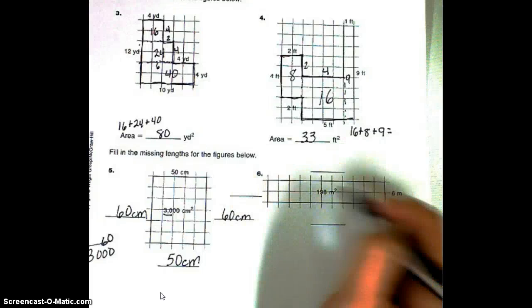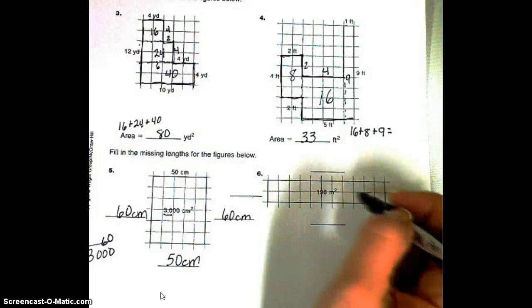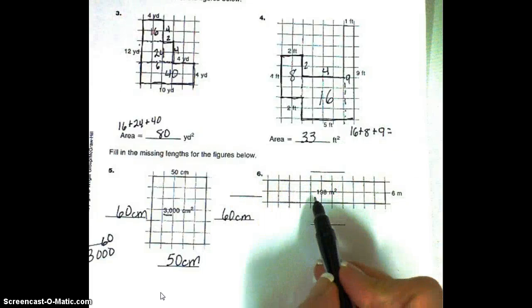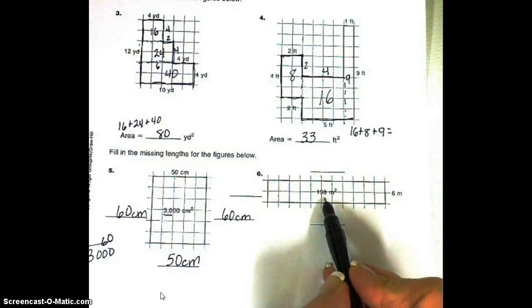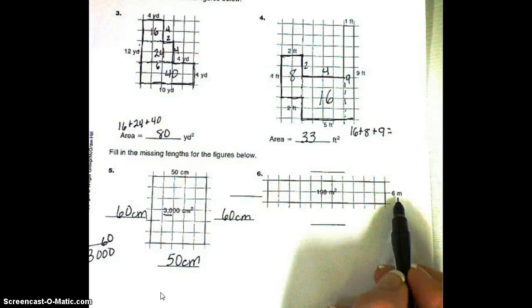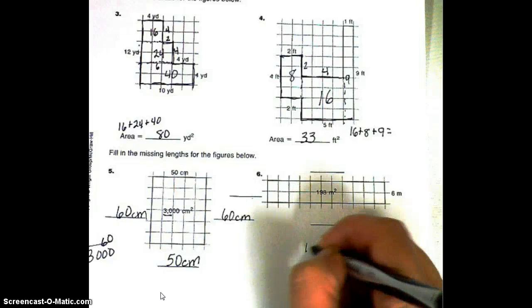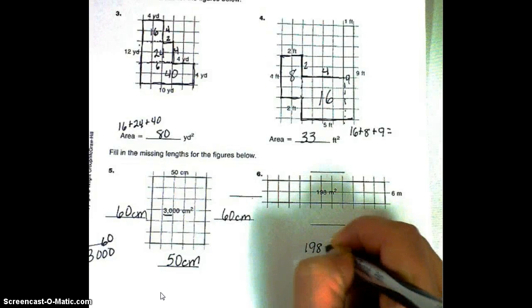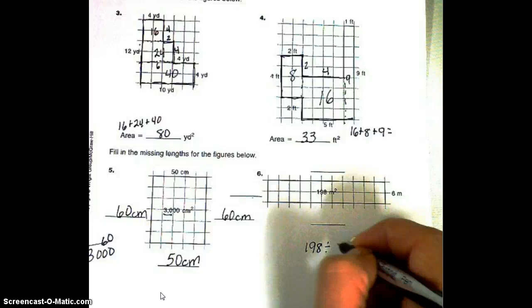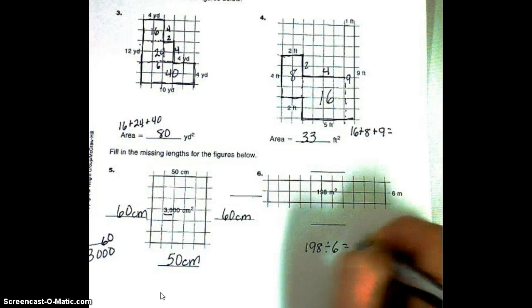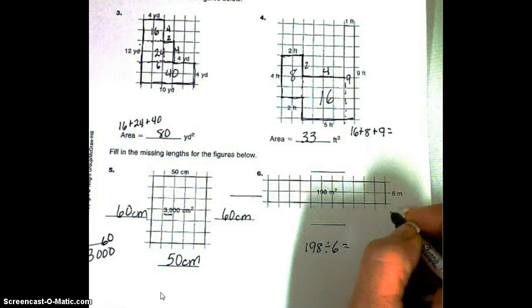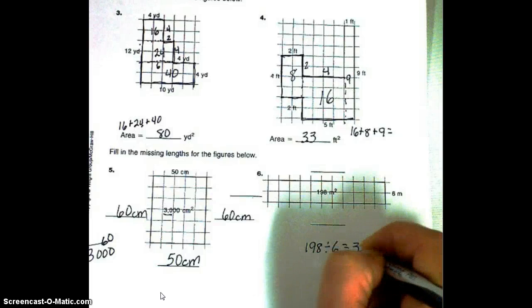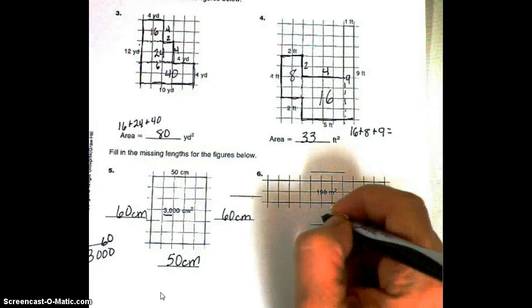Alright, these lines look like it goes to this next one. We're going to do the same thing with this. We know our total area is 198, and one side is 6. So we'll take our 198, and we're going to divide it by the total, or the one side, 6. And we'll find out that this missing side is 33.